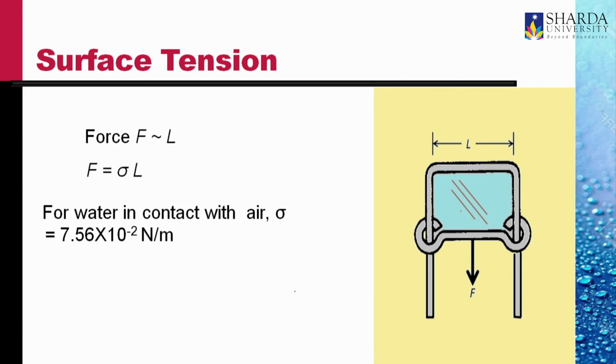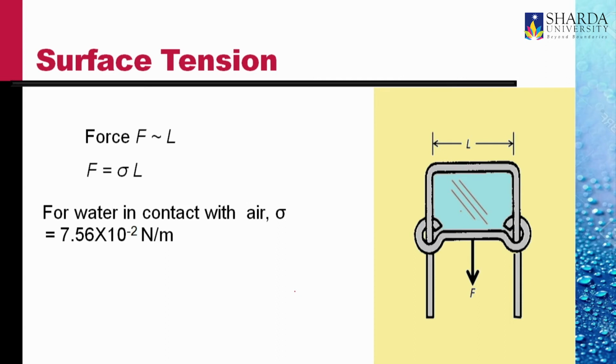And this force F is equal to sigma L, where sigma is termed as the coefficient of surface tension for the liquid-gas pair. It depends upon the liquid and the gas both.